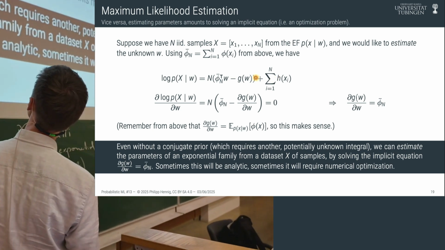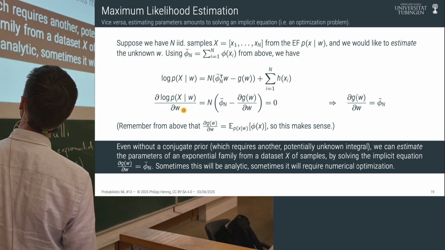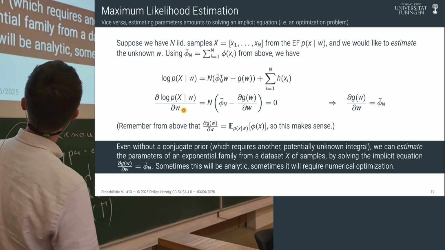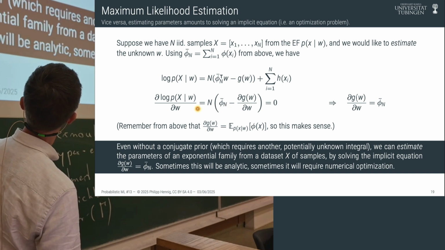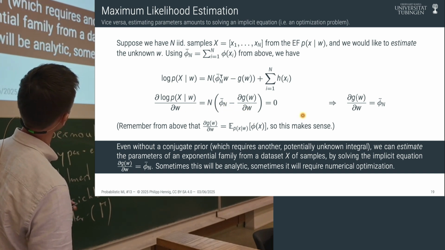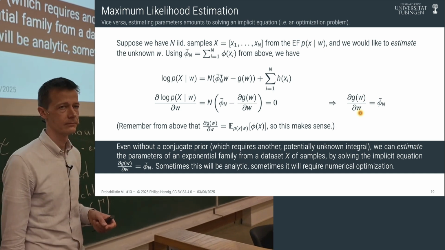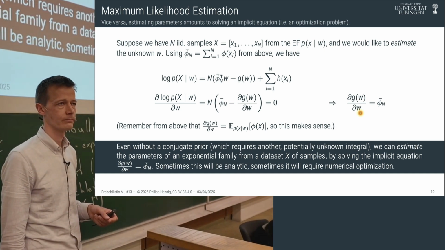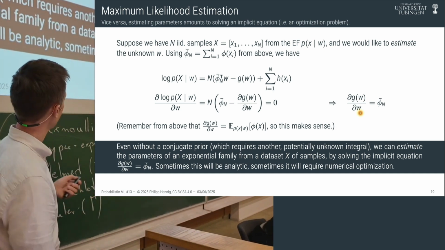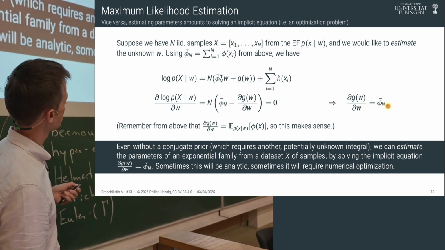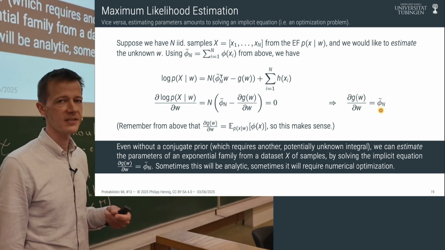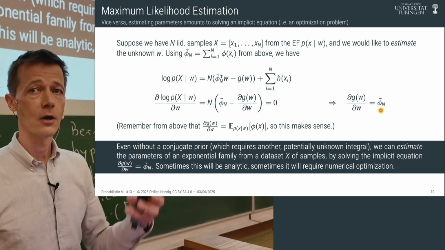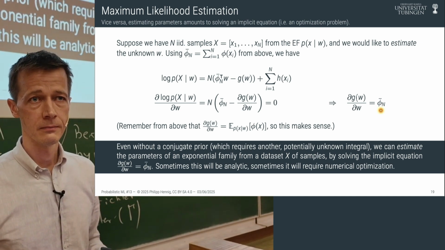Now we want to optimize this for W, so we take a gradient with respect to W. And that gives us this expression. I hope you will agree with me. And we set this to 0, and that means we need to solve this equation. So we need to take the sufficient statistics of our data set, which is an empirical estimate of their expected value.